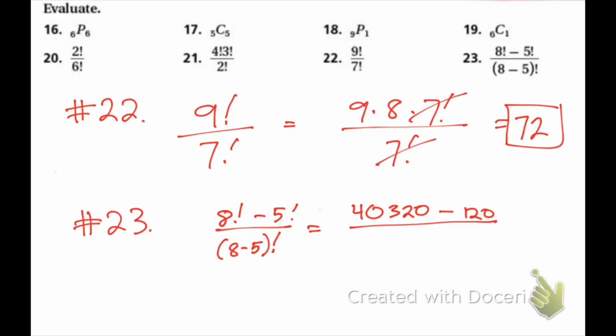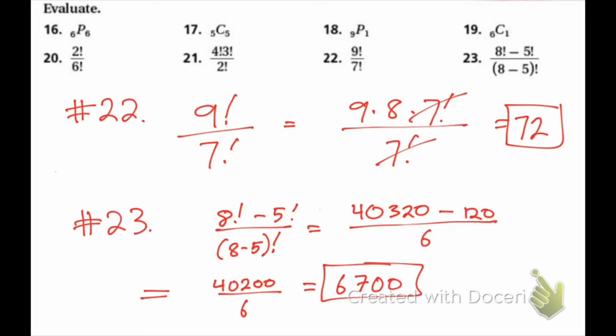Then we're going to divide by 8 minus 5, which is 3 factorial, which is 3 times 2 times 1, is 6. So then you will get 40,320 minus 120, that gives you 40,200 over 6, which gives you 6,700. And that's the answer to number 23.